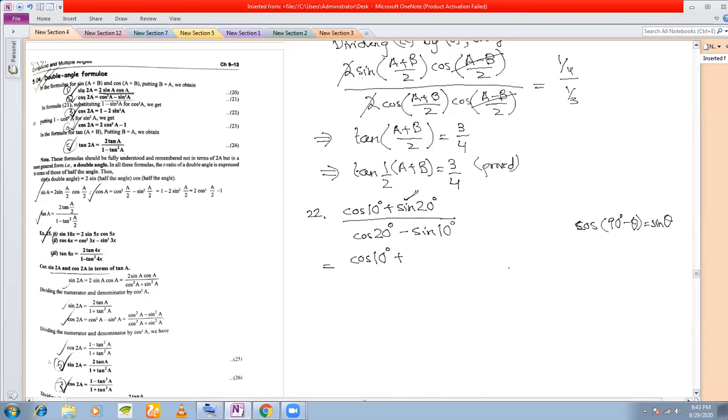So sin 20 degree can be written as cos (90 degree minus 20 degree), divided by, again we'll change this sin to a cos. So cos 20 degree minus cos (90 degree minus 10 degree), right? So this becomes cos 10 degree.